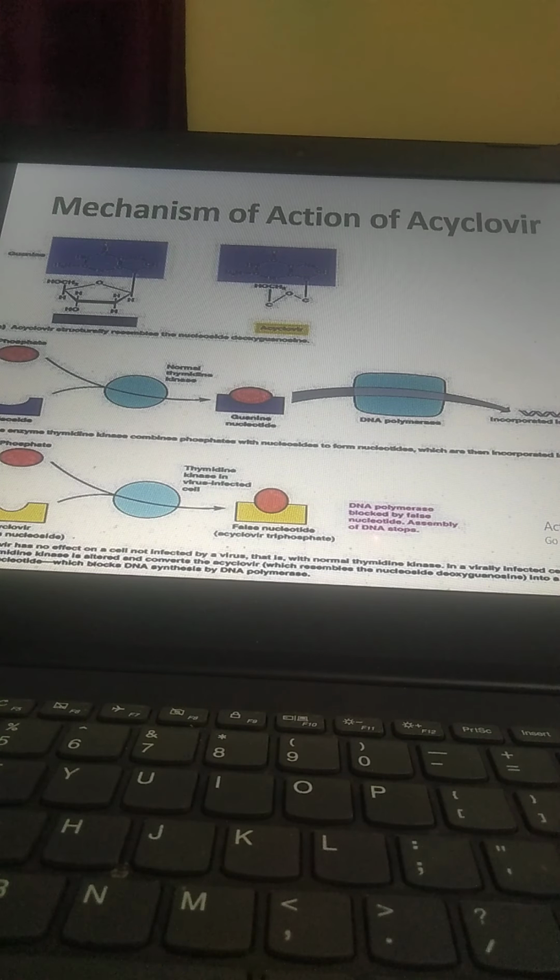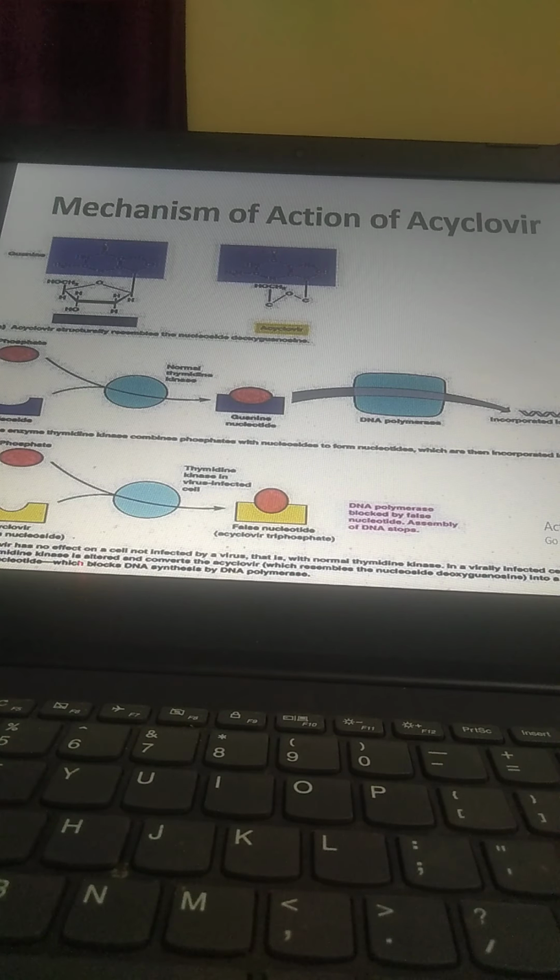DNA polymerase is blocked by the false nucleoside in the assembly of DNA. So acyclovir has no effect on a cell not infected by a virus, that is, with normal thymidine kinase. In a virally infected cell, the thymidine kinase is altered and converts acyclovir, which resembles the nucleoside deoxyguanosine, into a false nucleoside which blocks DNA synthesis by DNA polymerase.